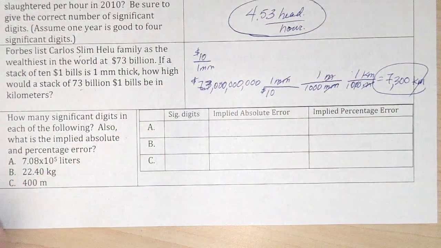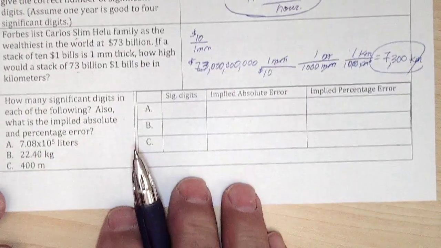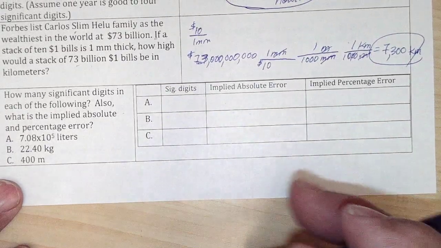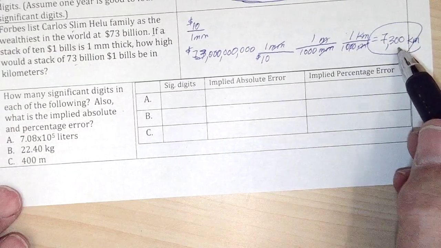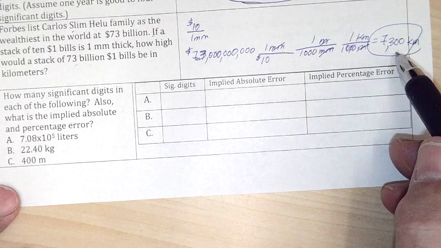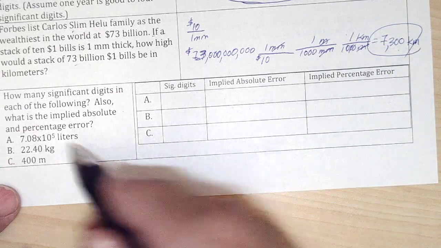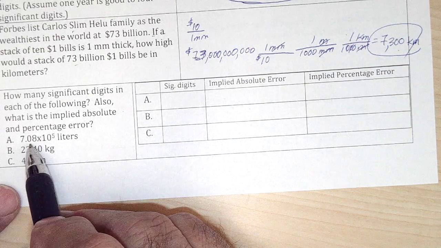Higher than the highest mountain in the world by a lot. The highest mountain in the world is about 10 kilometers.